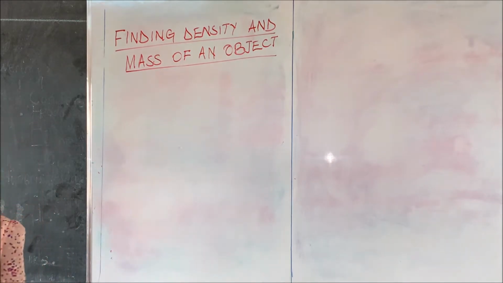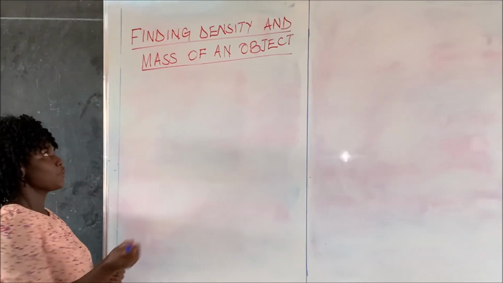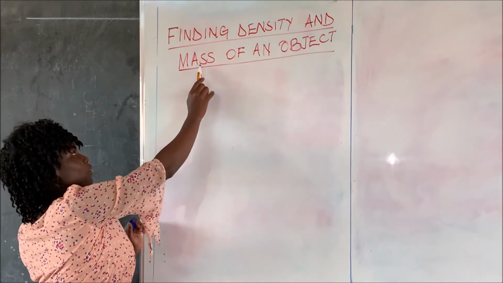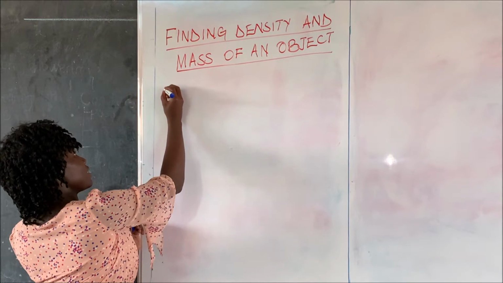We have these two key words. We remind ourselves, we have density, we need to know what density is, and we have mass. We start with the density.